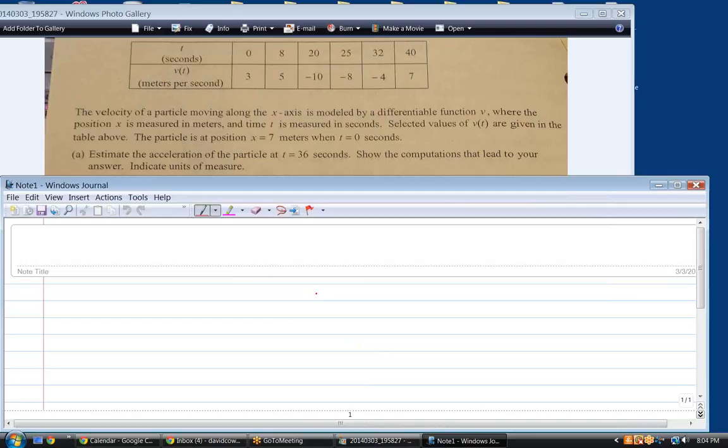All right, before you do that, let's have a look at what the curve might look like here. The time axis goes from 0 to 40, and v of t, which is your y-axis, goes 3, 5, -10, -8, -4, +7.